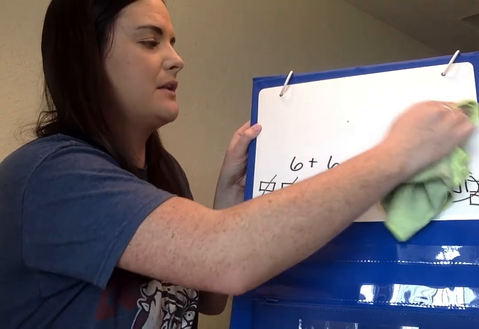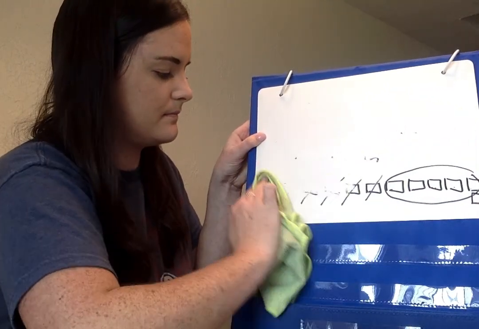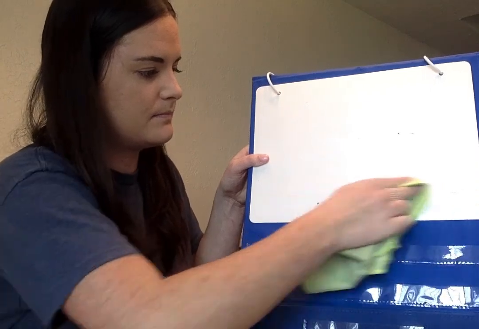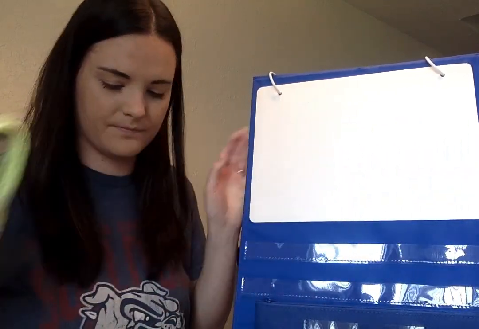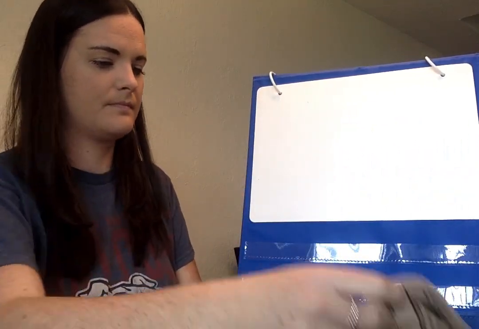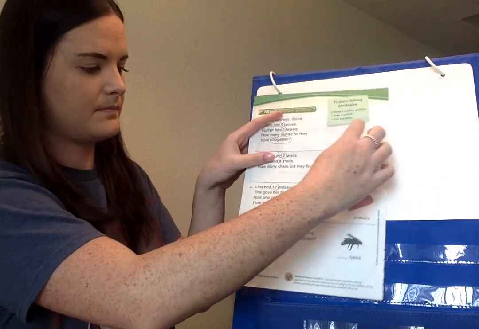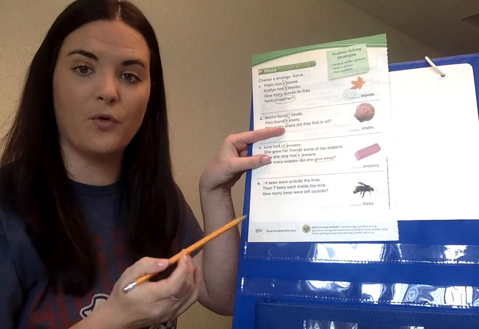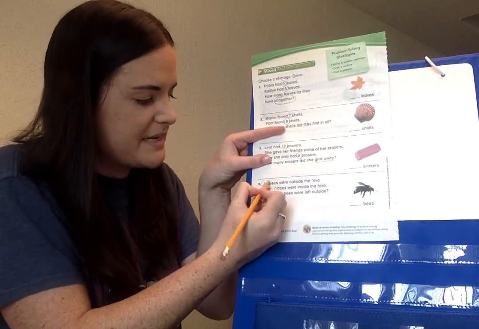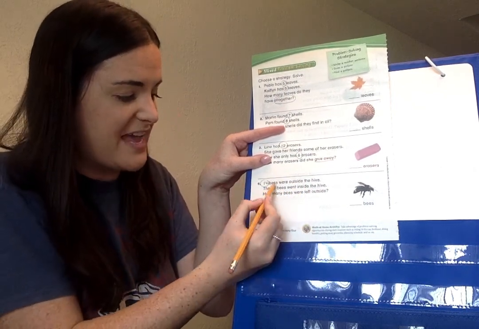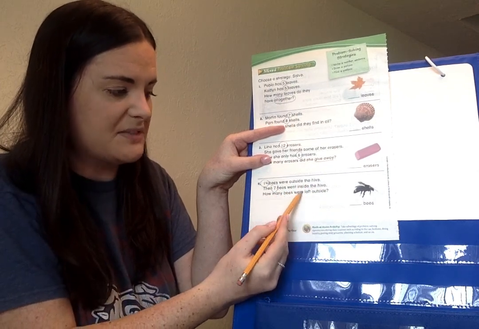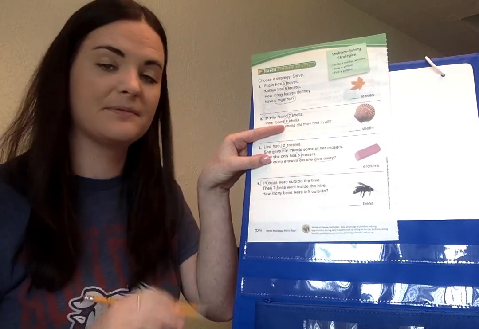Great job following along. Number 4. 14 bees were outside the hive. Then 7 bees went inside the hive. How many bees were left outside?